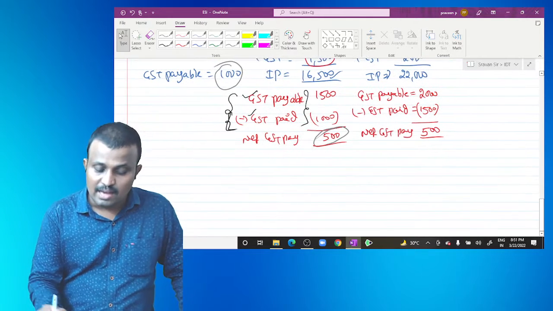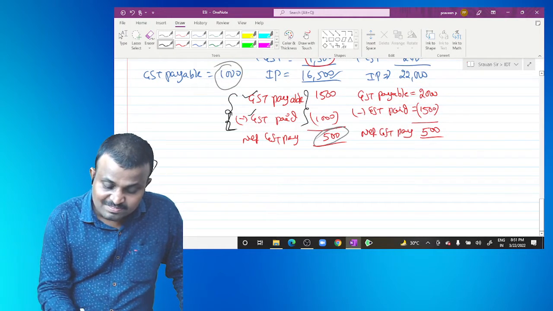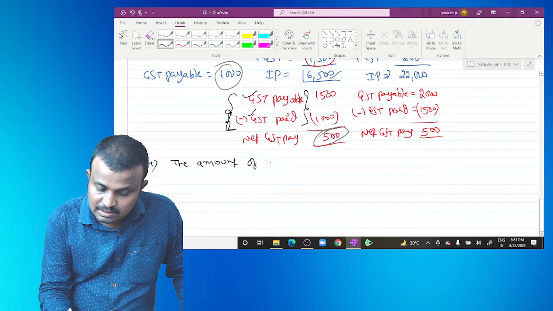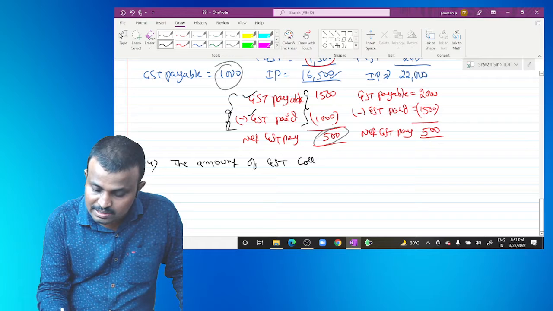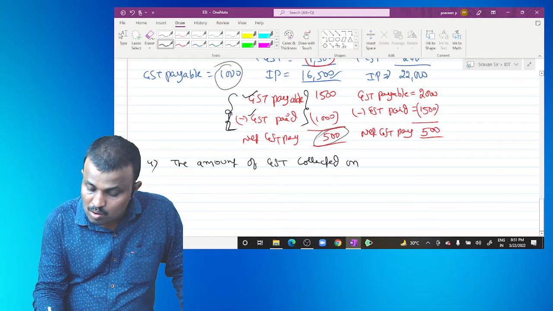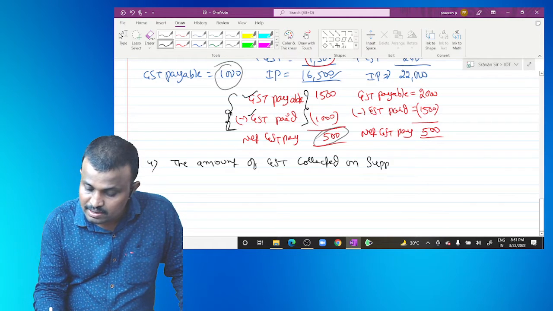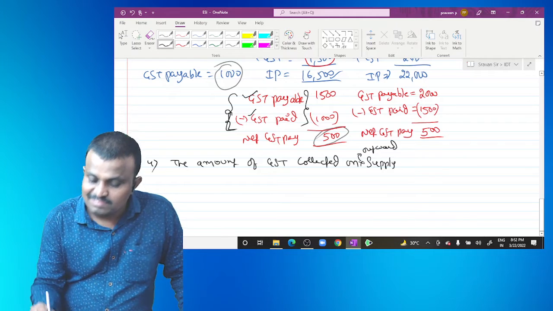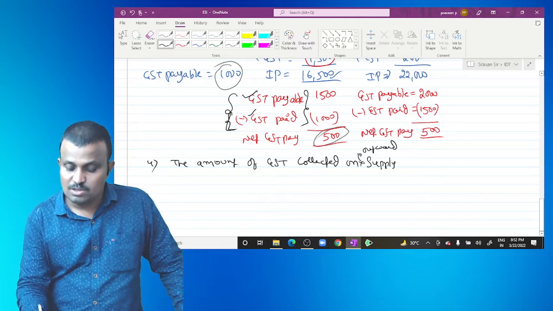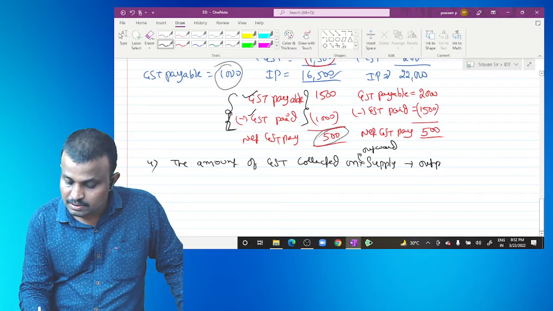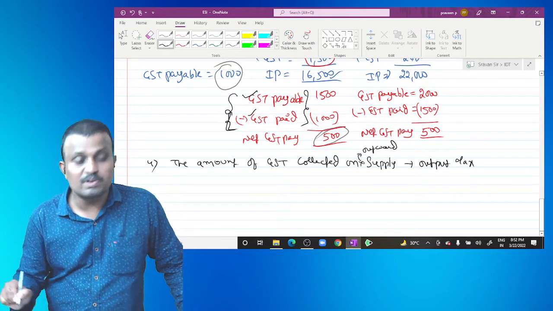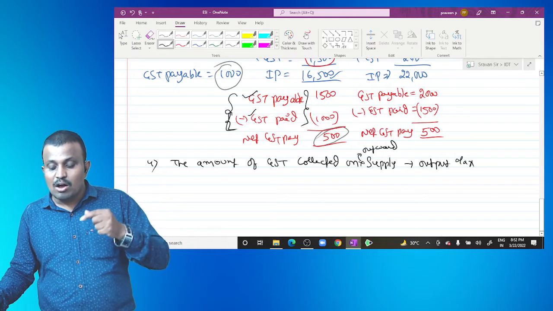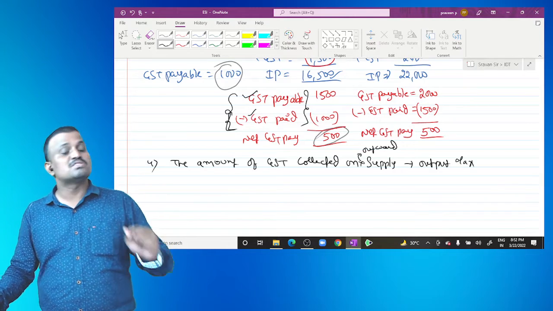The amount of GST collected on supply, and that supply is nothing but outward supply. The amount of GST collected on outward supply is called output tax.